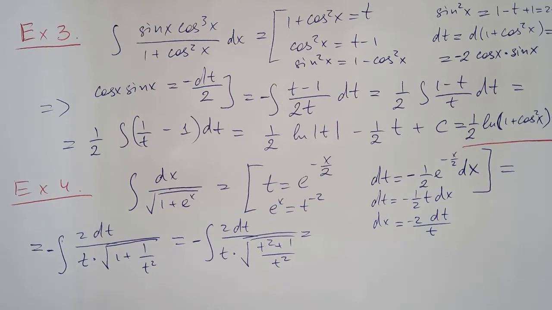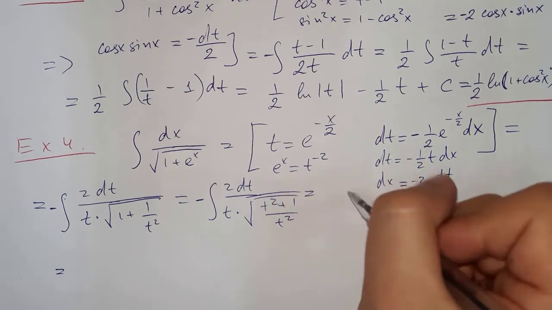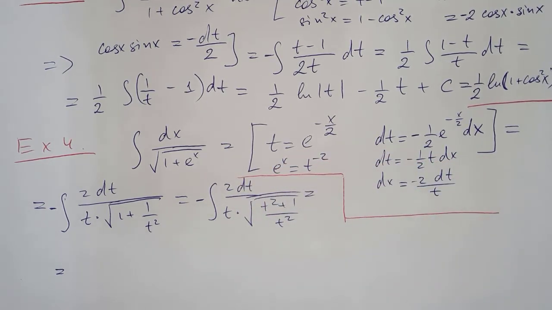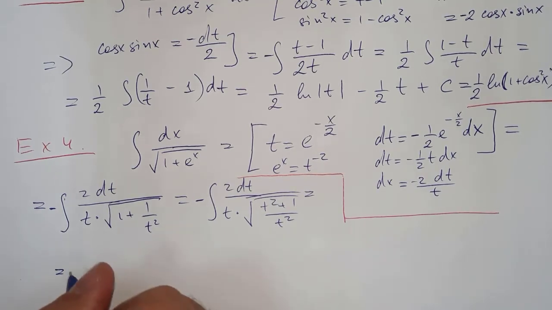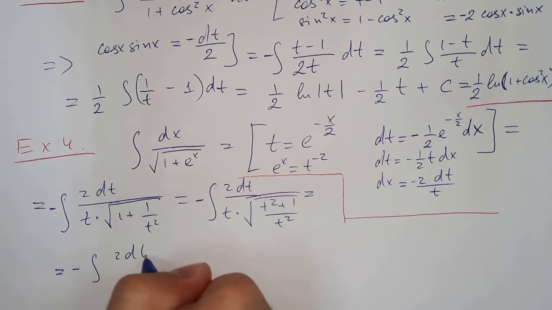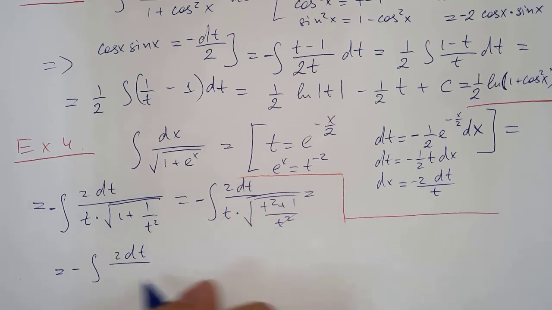Okay, so it is minus the integral of 2 dt over, they are cancelled, look here, t and this t squared, and just the square root of t squared plus 1.